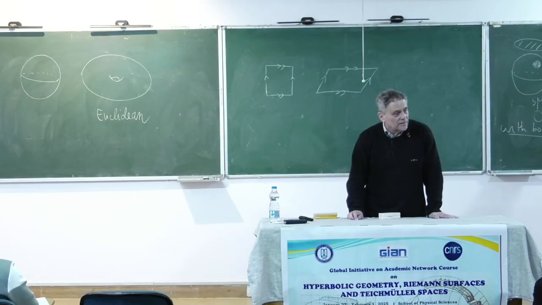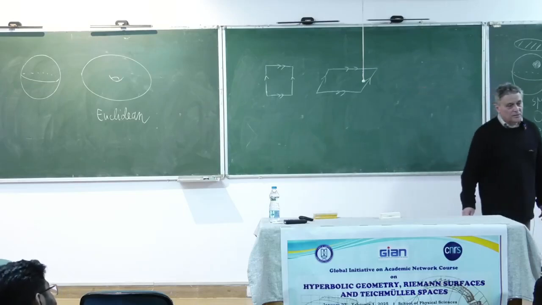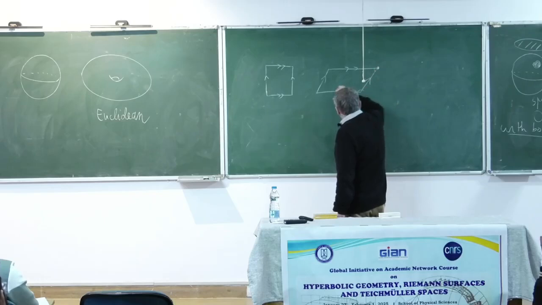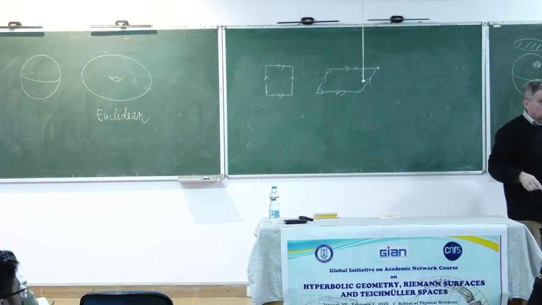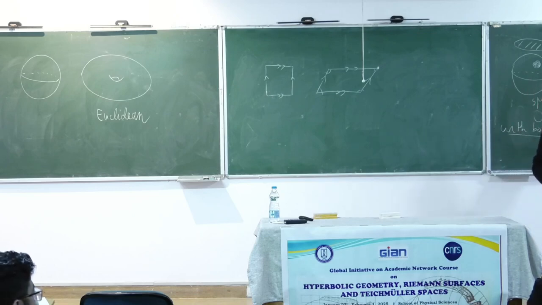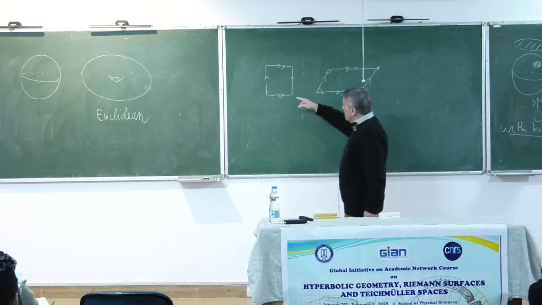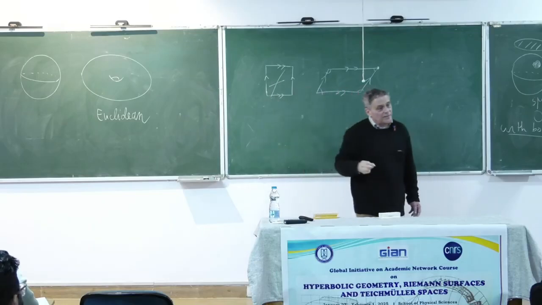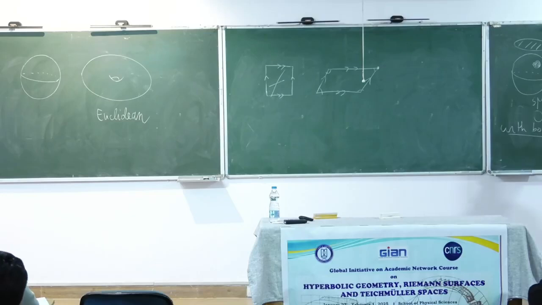How do you see that the metric is different? Angles? No, the angles do not play any role here because at this point the total angle is exactly 2 pi. The local angle between geodesics is the same, so this is not a reason. How do you prove that?